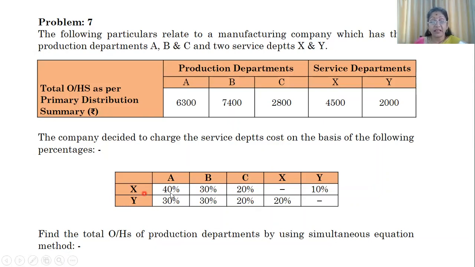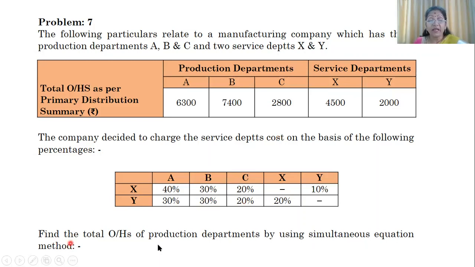X: 40% to A, 30% to B, 20% to C, 10% to Y. Y: 30% to A, 30% to B, 20% to C, and 20% to X. This is the apportionment, that is, the allocation of service department overheads to the departments.